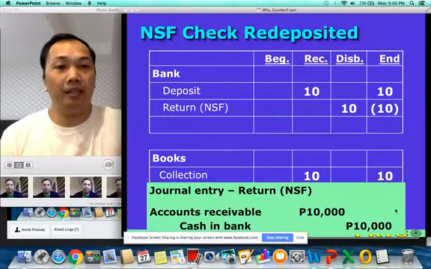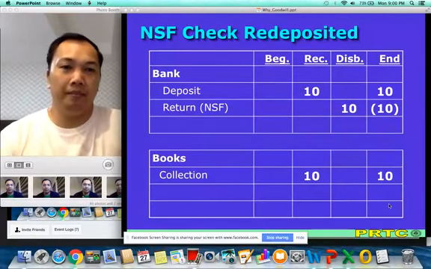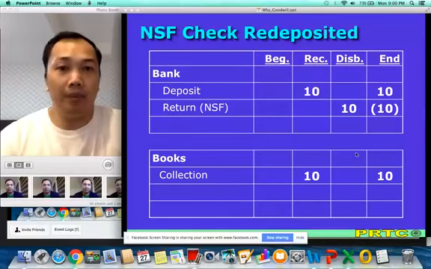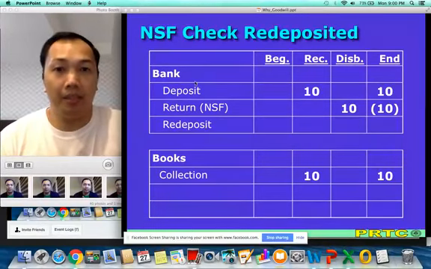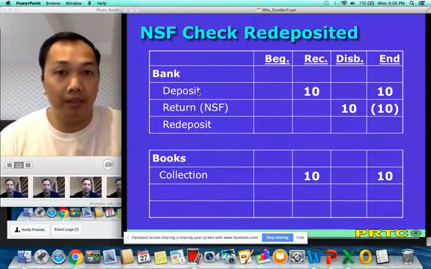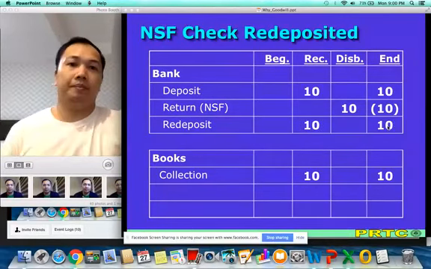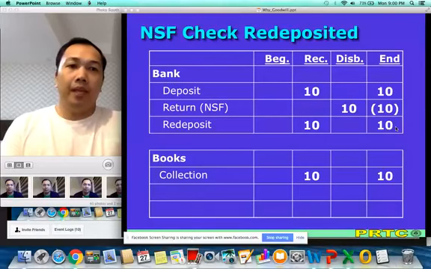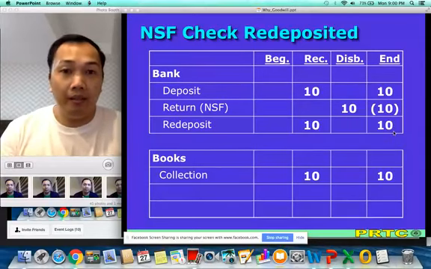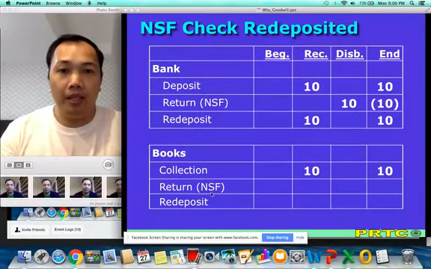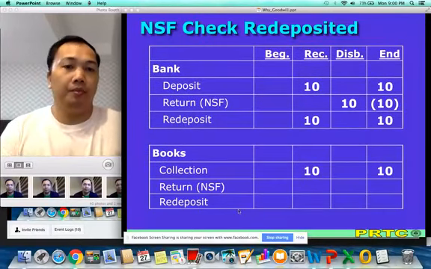Kaya lang, in this case, na-redeposit siya. On redeposit, papasok ulit yun sa bangko just like the original deposit. So add to receipts and ending. Then, as mentioned in the problem earlier, nung ibalik daw yan at i-redeposit, walang ginawang entry sa books.